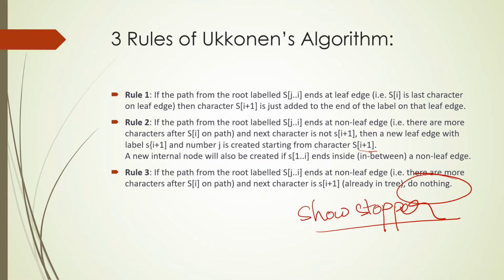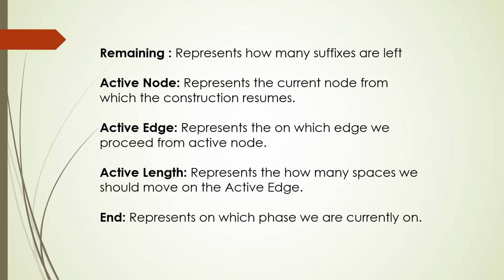Also, while implementing Ukkonen's algorithm, we need to keep track of a few global variables: remaining, active node, active edge, active length, and end.